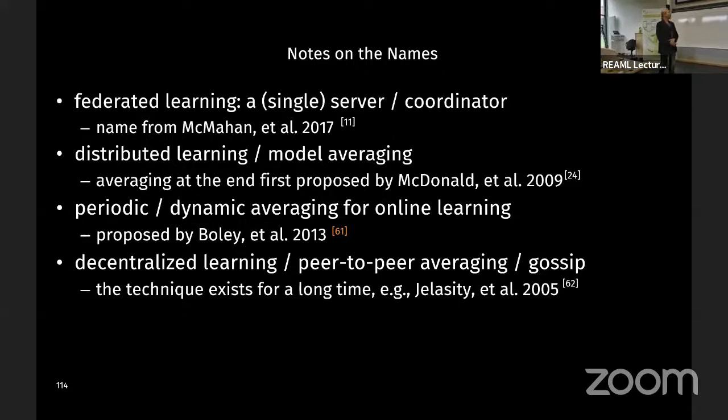I think the work of Márk Jelasity since 2005 is a good start here. So the techniques of model averaging are definitely not started in 2017, but there's a huge set of works from the 2000s till now. And by now, the term federated learning is the one that has stuck.